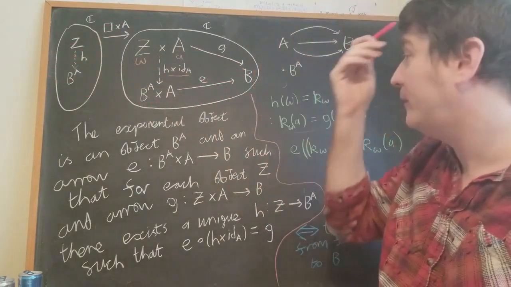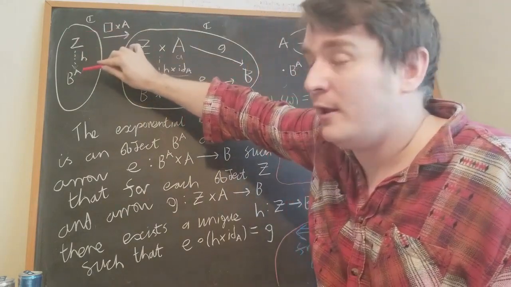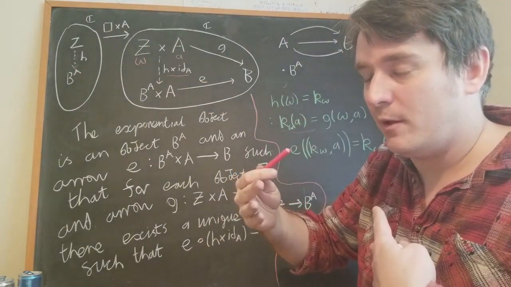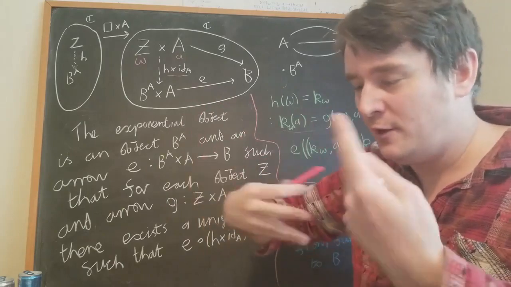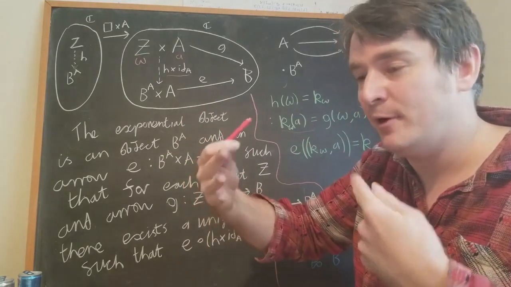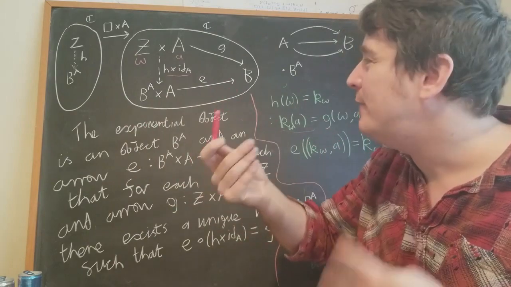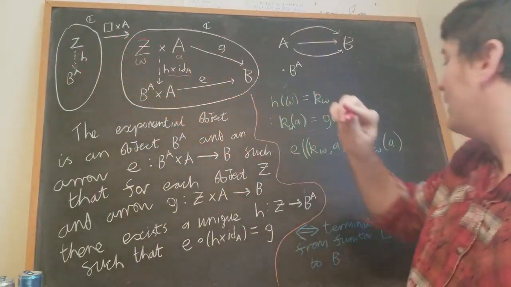It changes a value of Z into a kind of function which does what G does using that value of Z, okay, but it leaves the other A component variable as still the input of this function here.